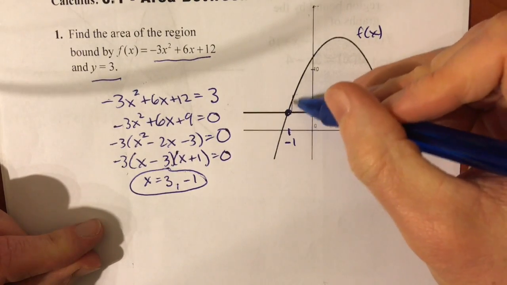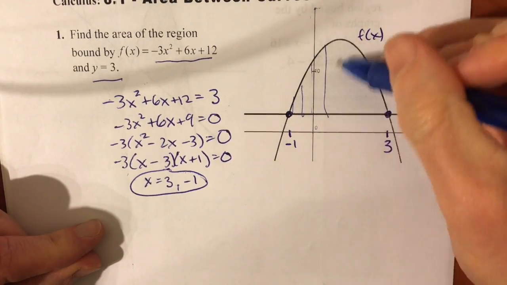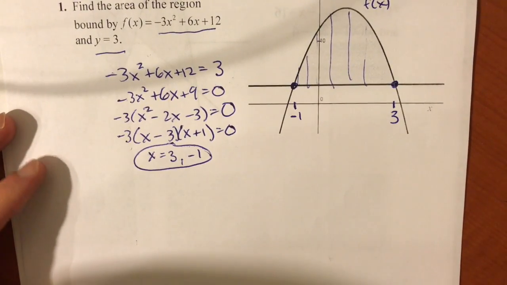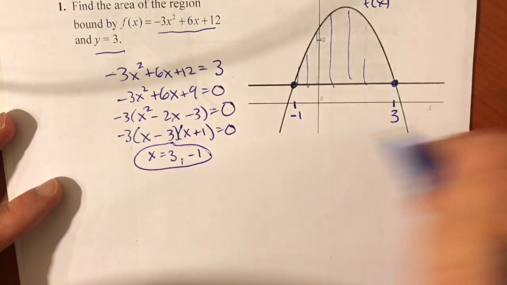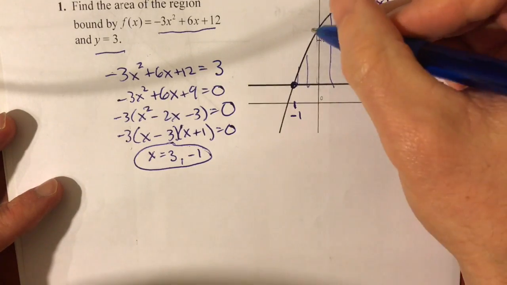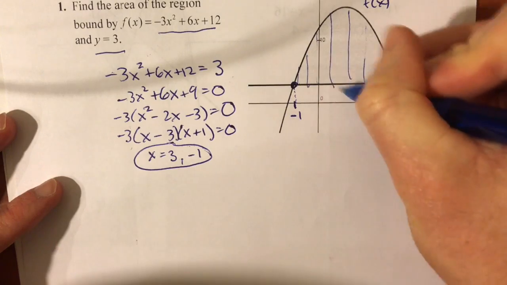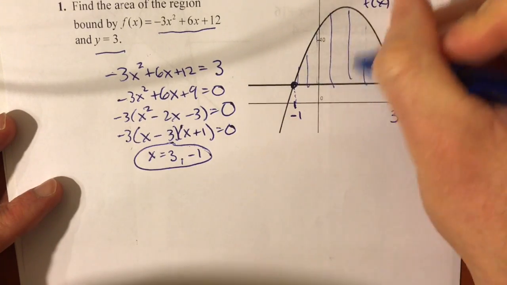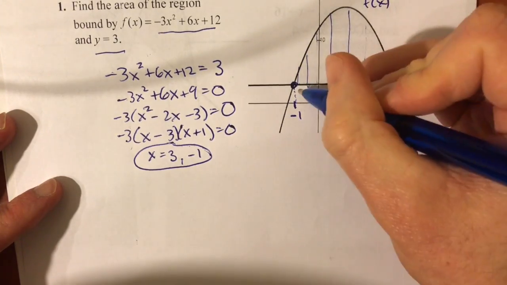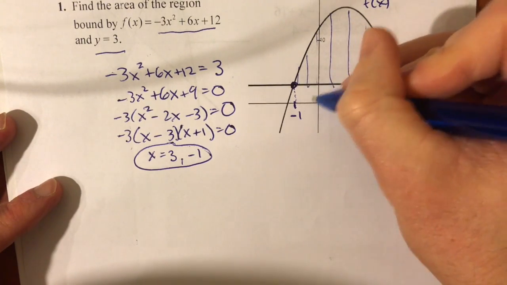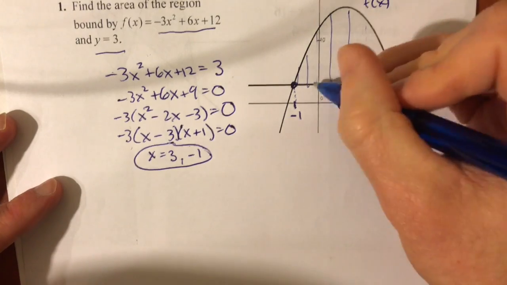And so I just want this region. Okay, so I'm going to set up an integral, obviously, to find area. And you could either do two separate integrals, one for the parabola between negative 1 and 3 and find the area all the way down to the x-axis, and then set up a second one for the area of the second curve and subtract out the area that you don't want.